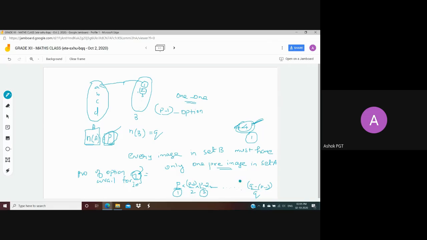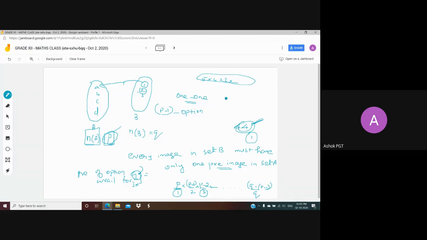If we solve some examples, you will understand exactly, but we do not have the time for this. So I am just writing it like this: P into P minus 1 into P minus 2 into, and it will keep on going like 5 into 4 into 3 into and so on. You know that this comes under the concept called permutation.